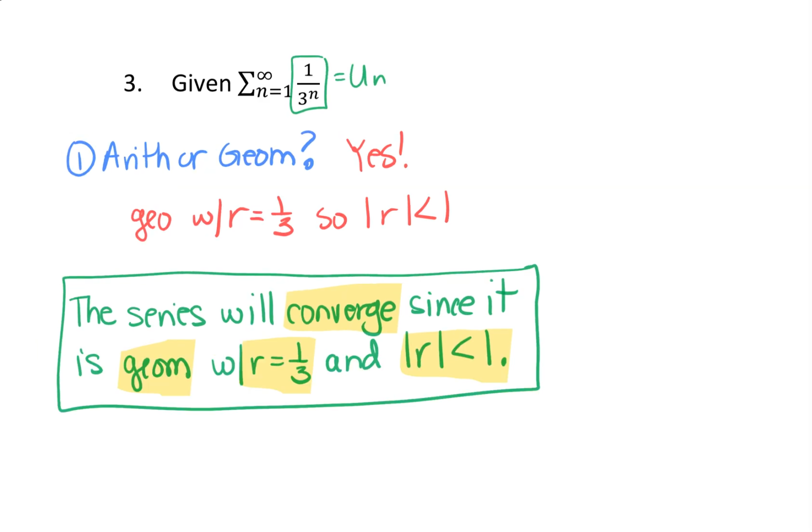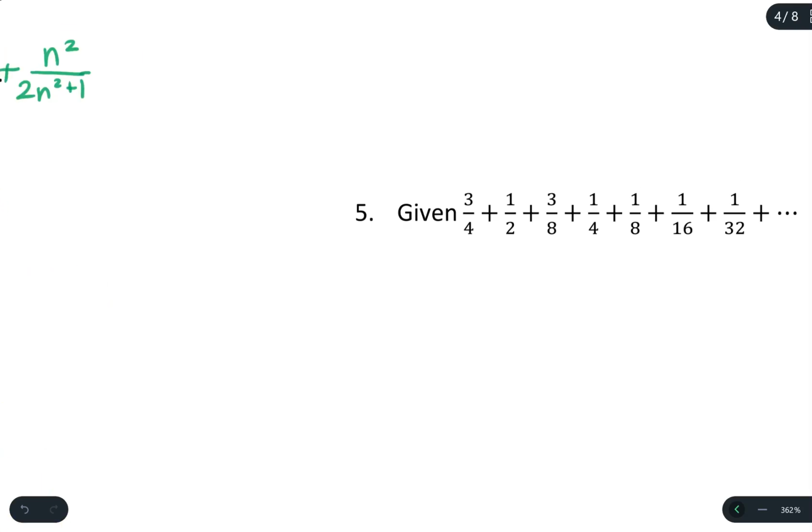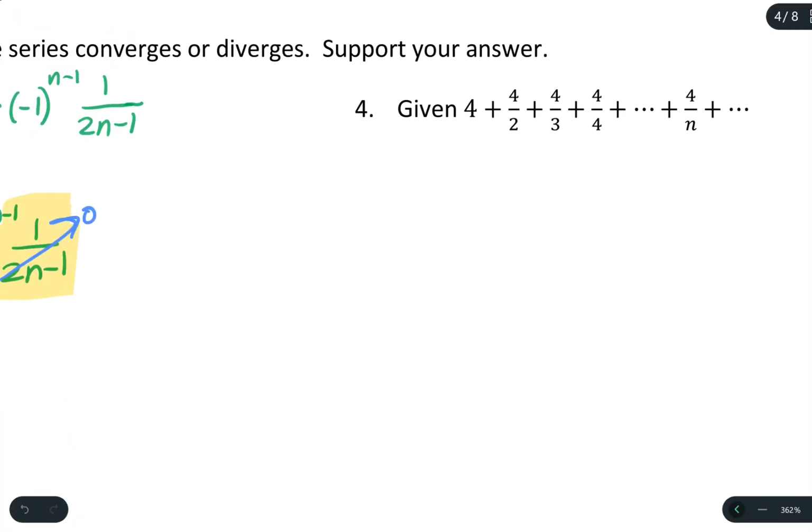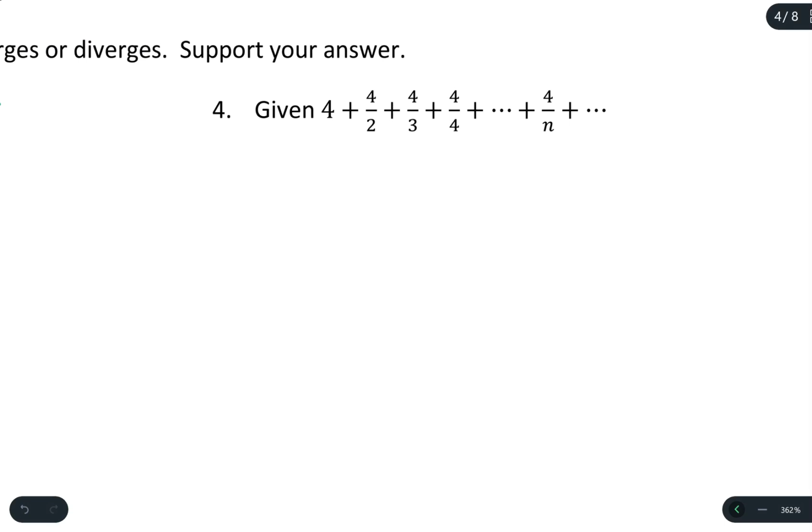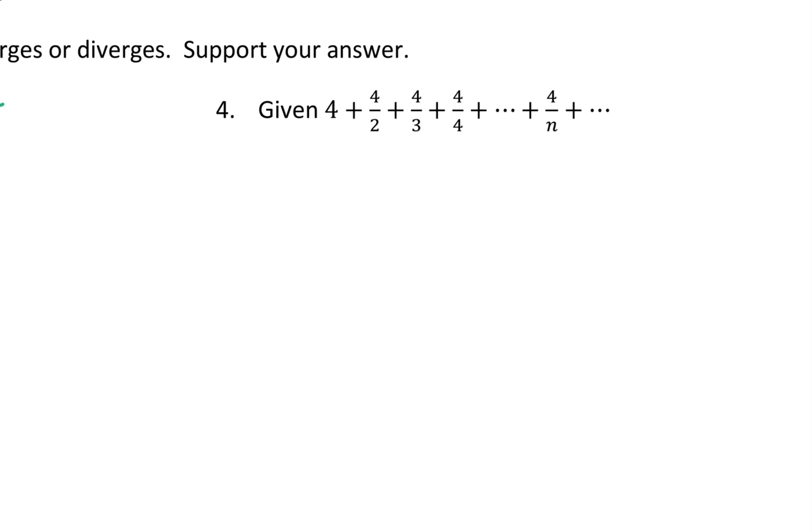All right, so let's continue on with example number 4. Example number 4 here. We're given this series. We want to determine whether it converges or diverges. When I'm looking at this, I notice that every value in the numerator is a 4, and I can think about my first term as 4 over 1. And then the denominator is just the n value.